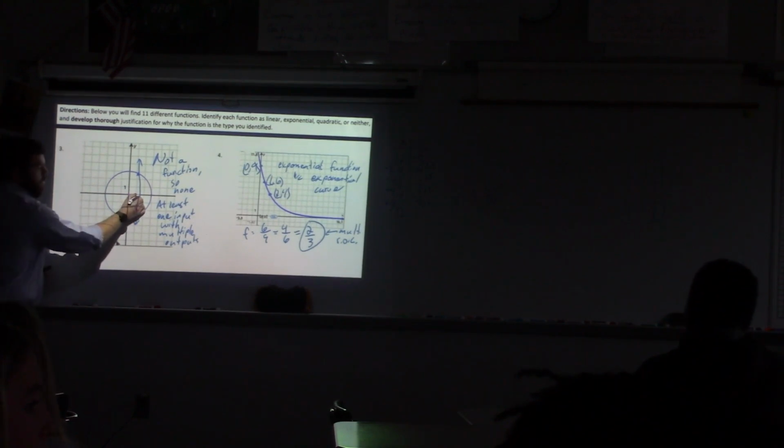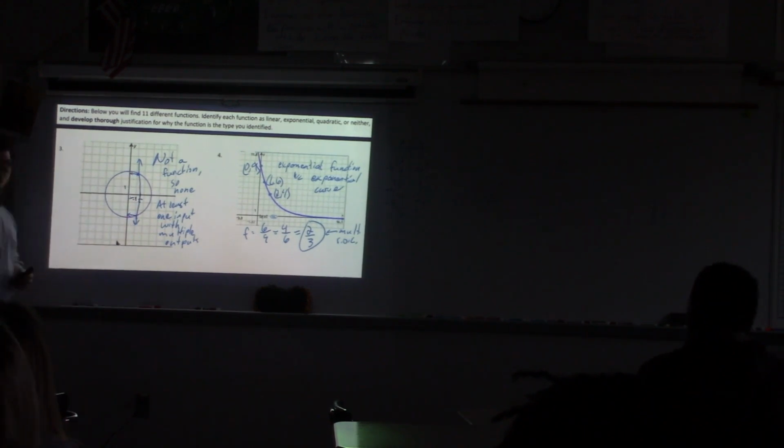If I look at this one input, let's just say that's 1.5 in the x, how many outputs does it have? It has 2 y values. So one input is mapping to more than one output. That's why it's not a function. It would only be a relation. It still has a mapping of inputs and outputs, but because at least one input maps to more than one output, it is not a function.